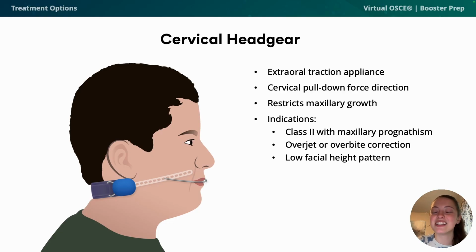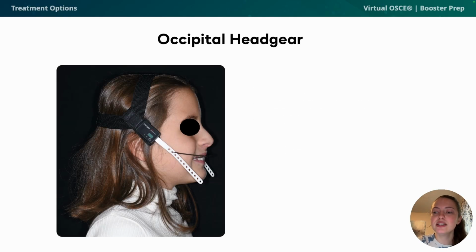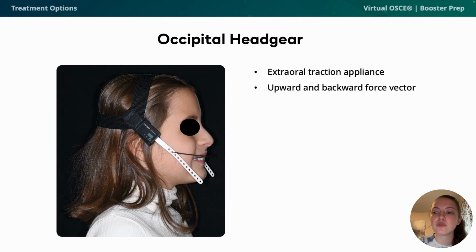But now let's discuss the other type of headgear, occipital headgear. And as you can see, hopefully from this image, it's a very similar appliance, but the direction of the force from the strap is very different. It's still pulling the maxilla back like the cervical headgear, but this particular extraoral traction appliance has an upward and backward force vector pulling towards the upper portion of the back of the head instead of the neck.